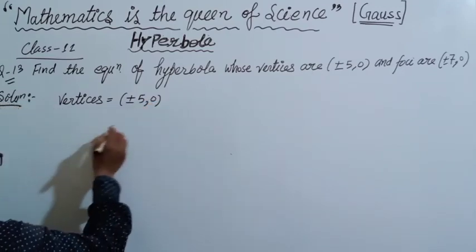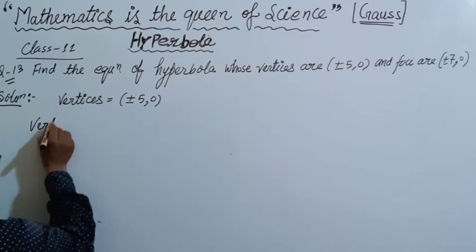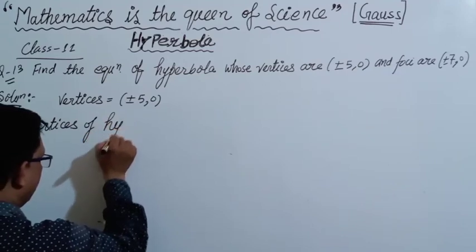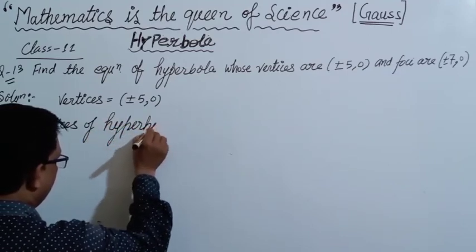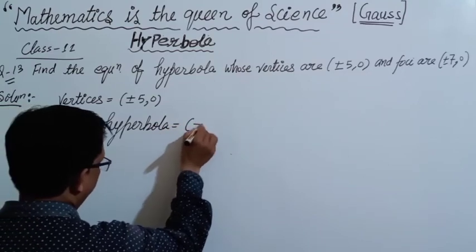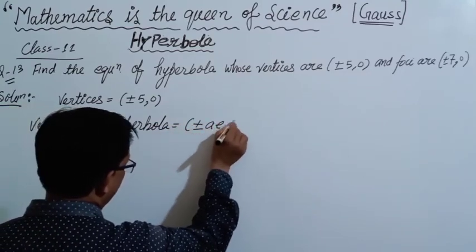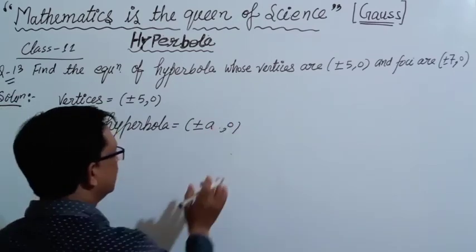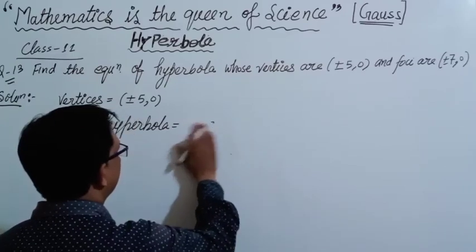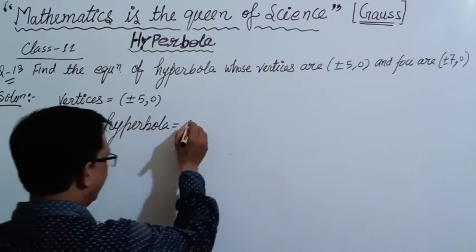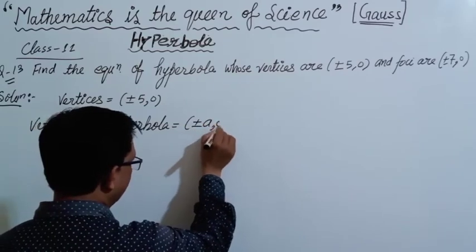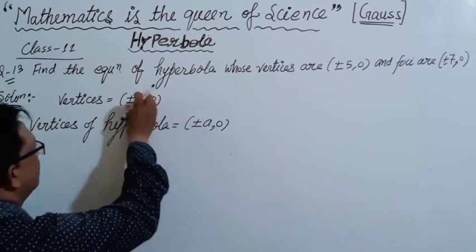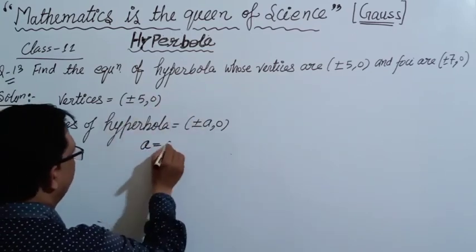We know that the vertices of a hyperbola are plus minus a comma 0. This is the formula for the vertices of the hyperbola. So if we compare these two, we get a is equal to 5.